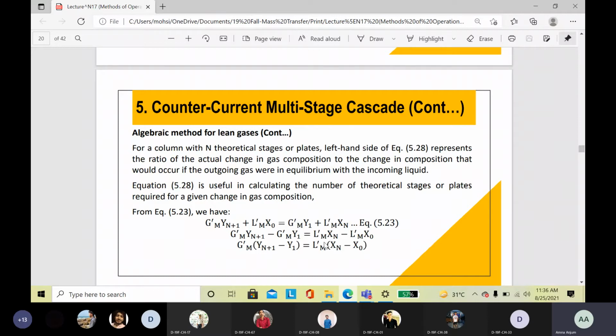Equation 5.28 is useful in calculating the number of theoretical stages or plates required for a given change in gas composition. From equation 5.23, we have this equation: G'm y_{n+1} plus L'm x0 equals G'm y1 plus L'm xn.